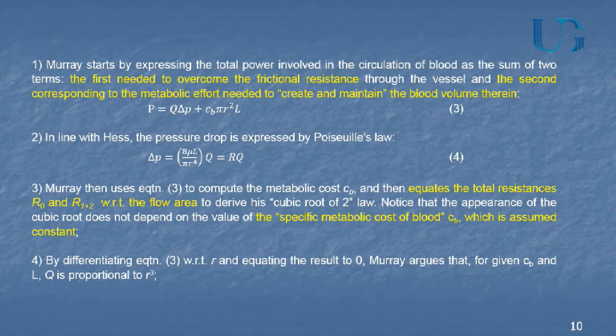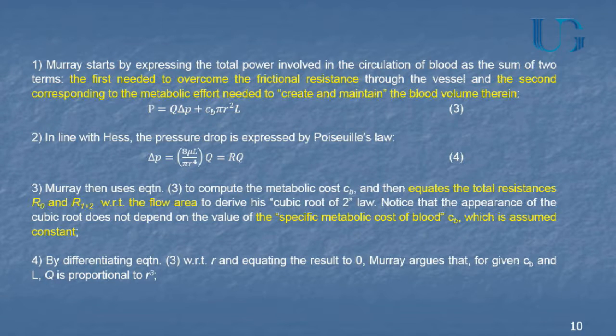Then, with the cost of blood, he takes the derivative of this equation, which is the delta P, for each one of the bifurcations. That is the derivative of the delta P here plus the derivative of delta P in the secondary branch, and he obtains another time the cubic root of 2 result.